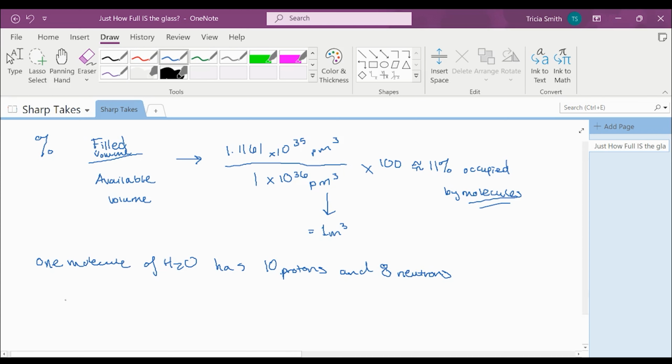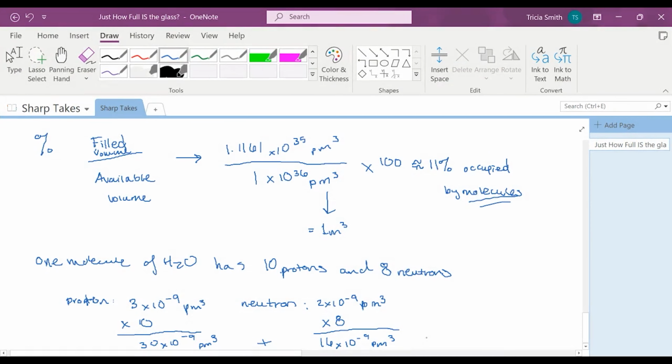As previously determined, the volume of a proton is 3 times 10 to the negative 9 picometers cubed, and the volume of a neutron is 2 times 10 to the negative 9 picometers cubed, times 10 here, times 8 here, and then add those two together.